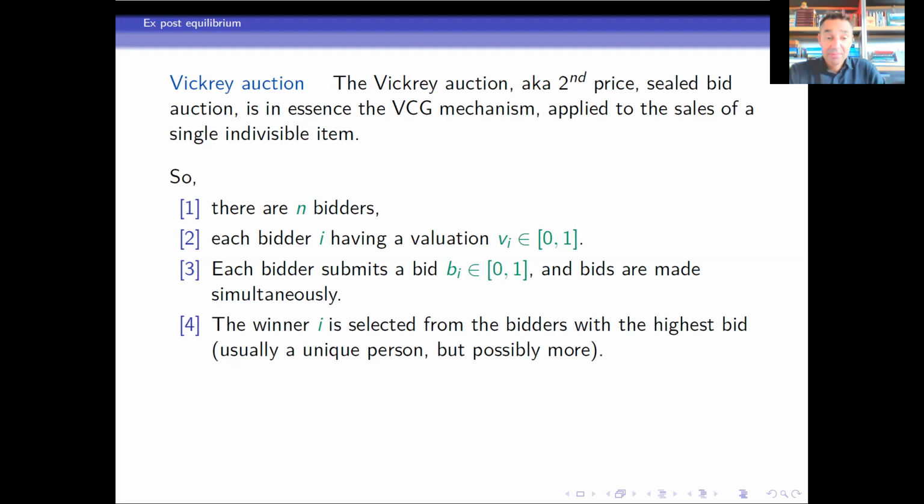And the payments are, well, so if you don't get anything, you don't pay anything. But if you are assigned the item, then you pay the second highest bid: the maximum over b_j for j other than i. Maybe this requires a bit of explanation.